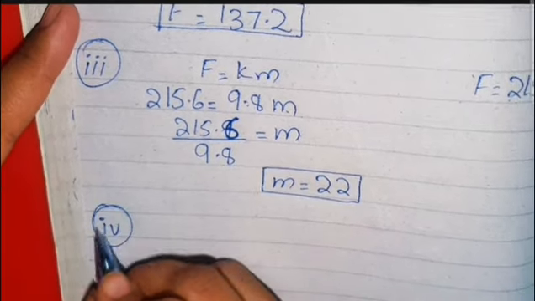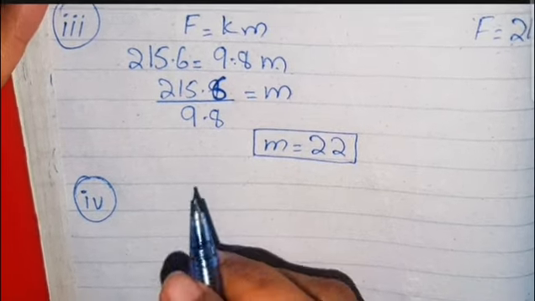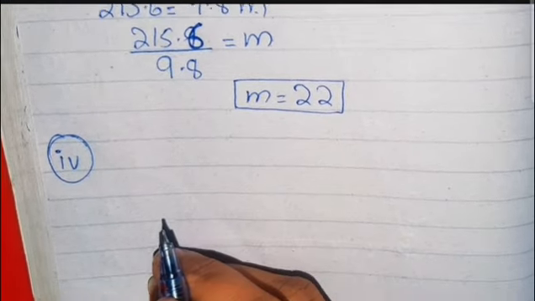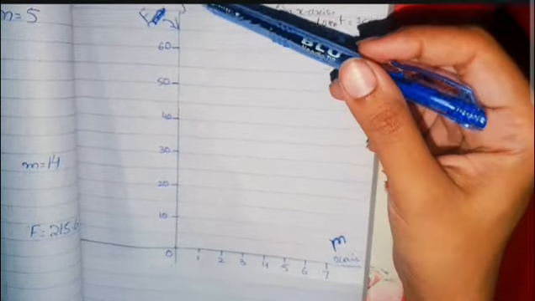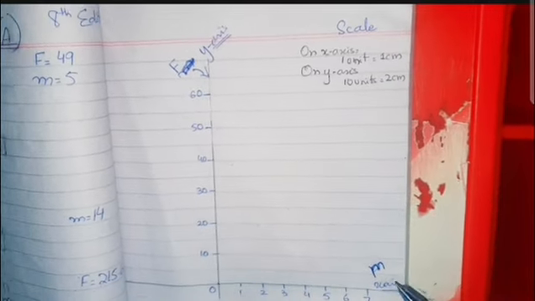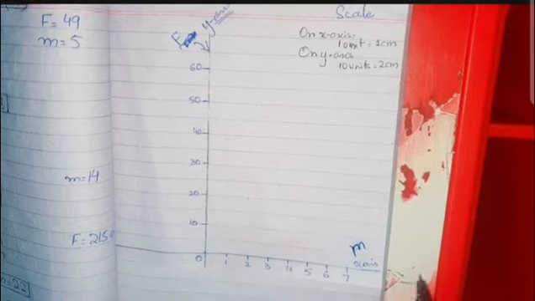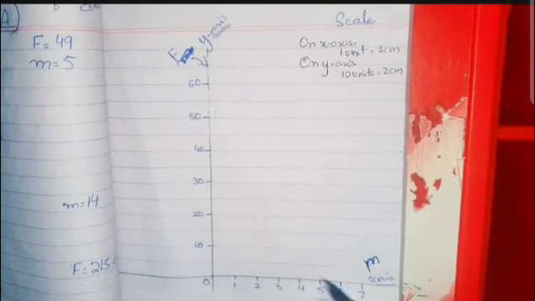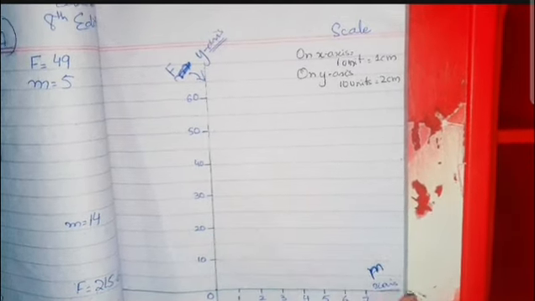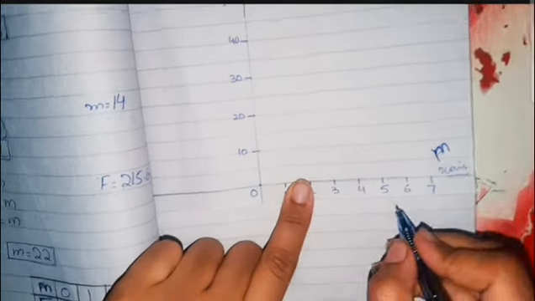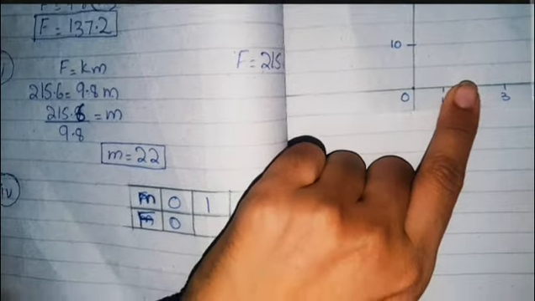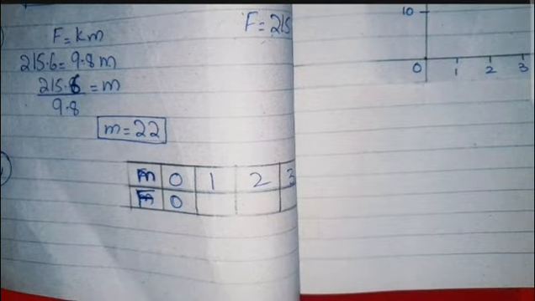Now part 4 is we have to draw the graph. We have to make a graph connecting F and m. This is line m, and this is line F. So I am putting the values of m and F in the equation. I am putting the value of m, and we'll find the value of F. So our equation is F is equal to K m, and the value of K is 9.8.